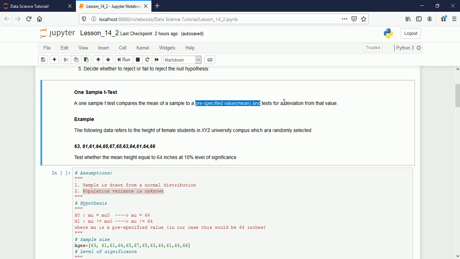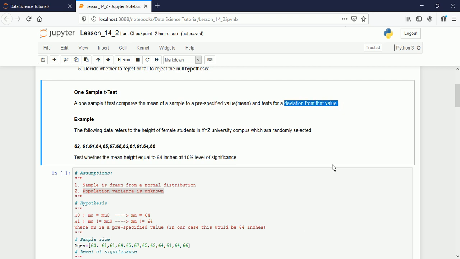So it compares two means, a predefined mean with the mean of the sample. We have to find the mean for this sample, and another mean will be given or provided, and then we will compare those two means, to accept or reject them, based on how much deviation there is between the two values.